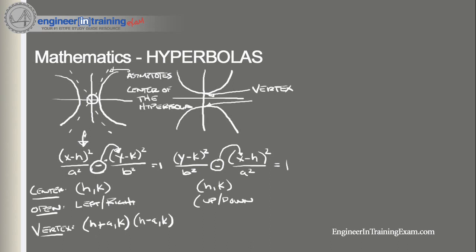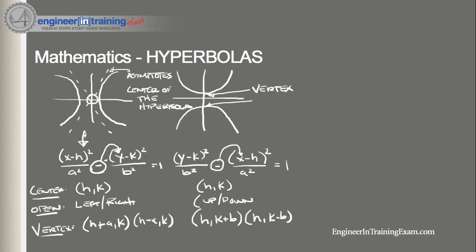On the one that's opening up and down, those vertices are going to be located at (h, k plus b) and (h, k minus b). So notice there are two locations because a hyperbola has two curves, two vertices.